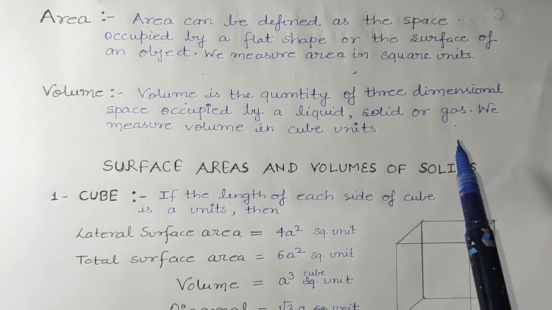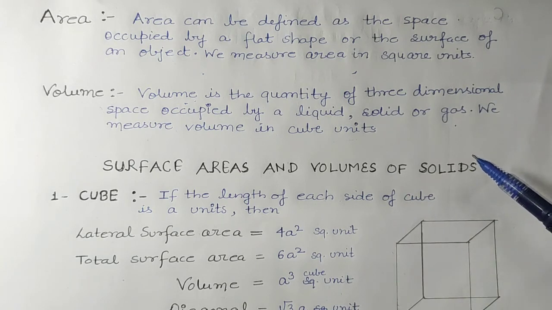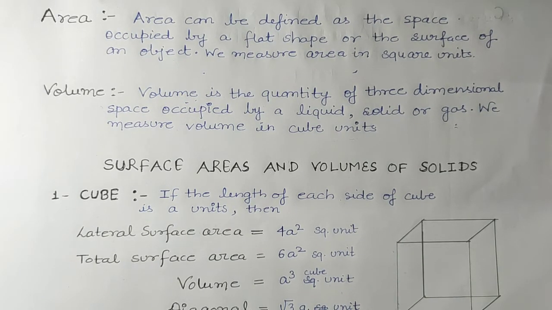Like if in a cuboid length is 2 meter, breadth is 3 meter and height is 5 meter, so what will be the capacity of that cuboid? 2 into 3 into 5 meter cube, means 30 meter cube will be the volume of that cuboid. So for the space occupied by a two-dimensional figure we find area, and for the space occupied by a three-dimensional figure we find volume.